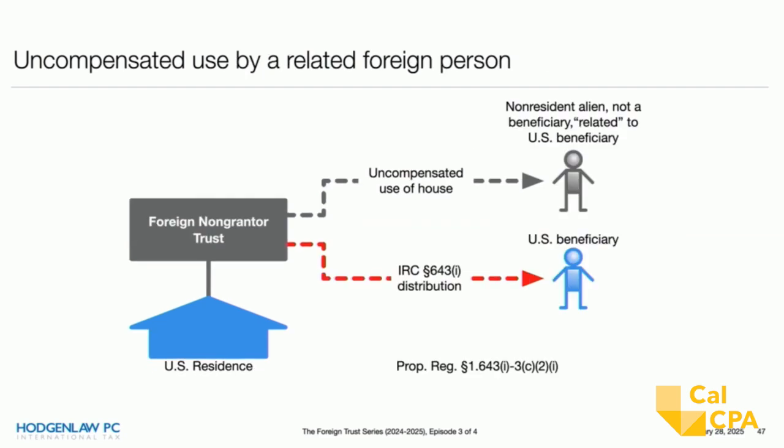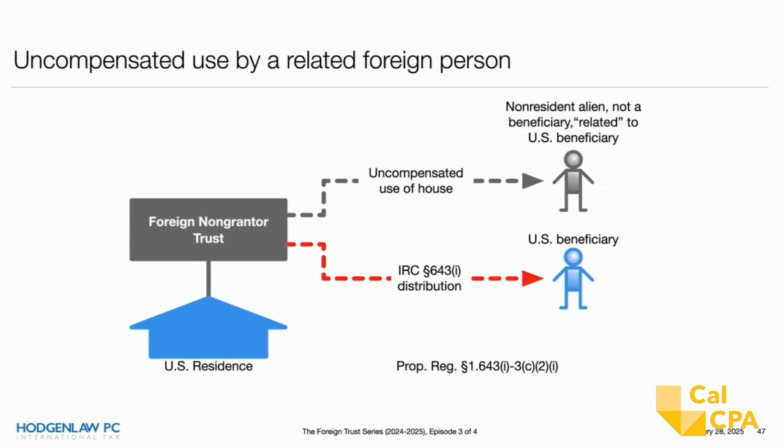Now let's look at another situation where you have a non-resident alien beneficiary. The U.S. beneficiary does not go even close to Vail, never uses the place ever, never goes to the condo, never goes skiing. But a non-resident alien who is not a beneficiary of this trust, but is related to the U.S. beneficiary.